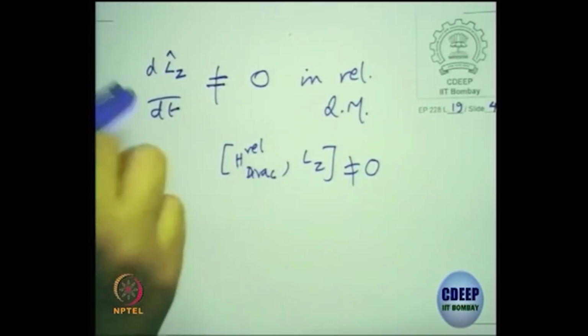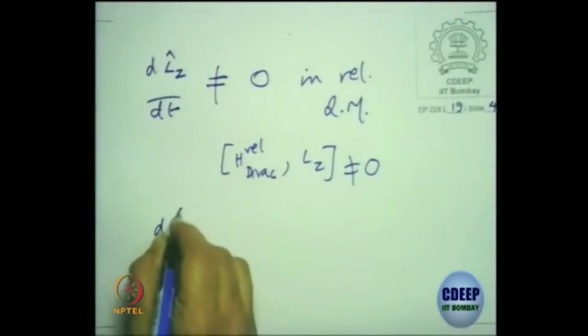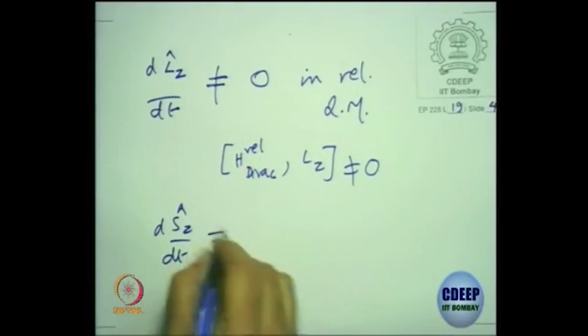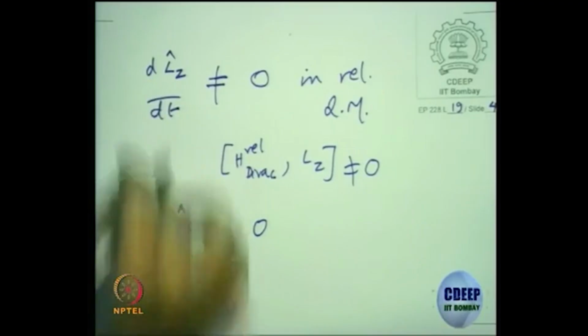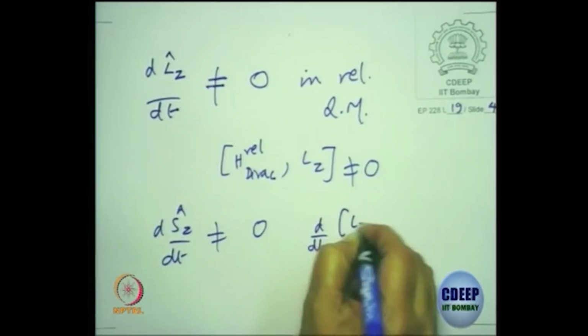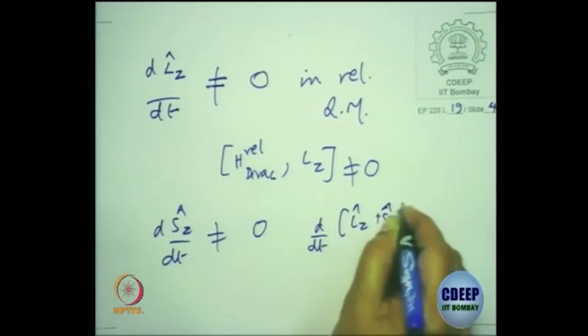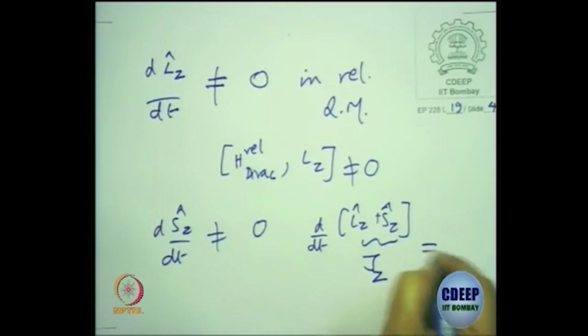And for a rotationally invariant system, angular momentum has to be conserved in relativistic theory. If you introduce another operator Sz, this is also not 0, but you can show that d by dt of Lz plus Sz, which you will call the total angular momentum, will be 0.